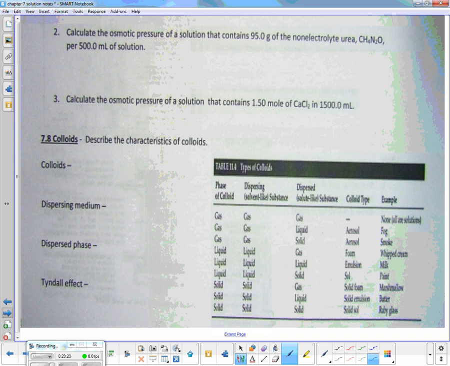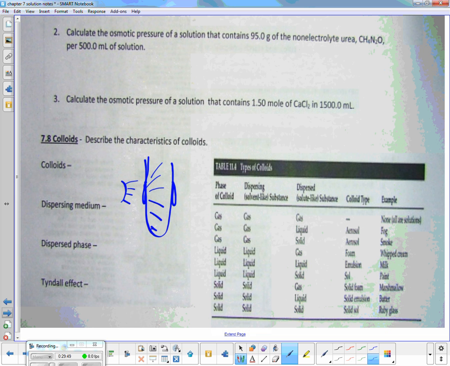If you take a sample and shine a light through it, and I only see the light here and here, it's a solution. If the light comes through and lights up the whole thing, it sort of glows, you've got a colloid or a suspension.